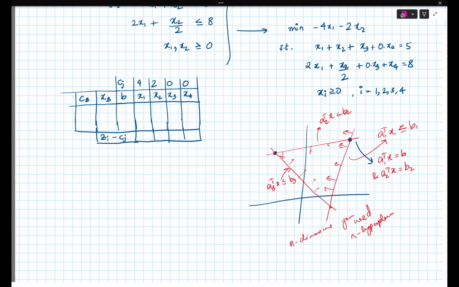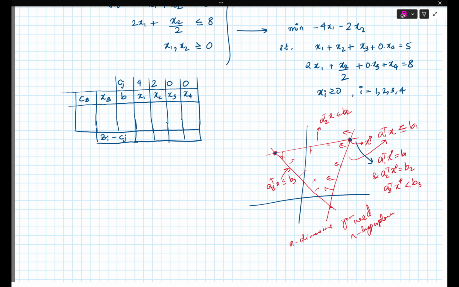But if you look at this, let me call this xp or something. What you can say about the third constraint is it will strictly be less than b3, right? It's far away, and this point passes through these two constraints, so it is equal to.